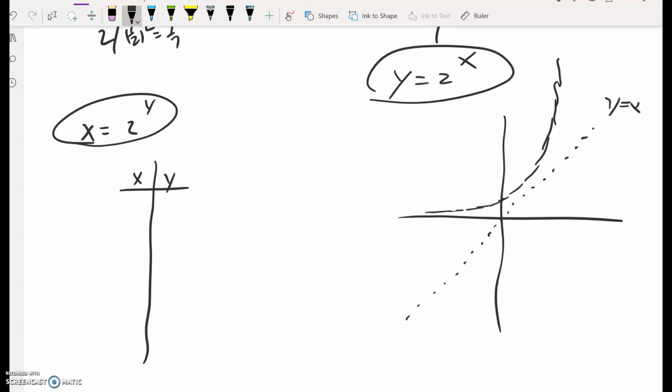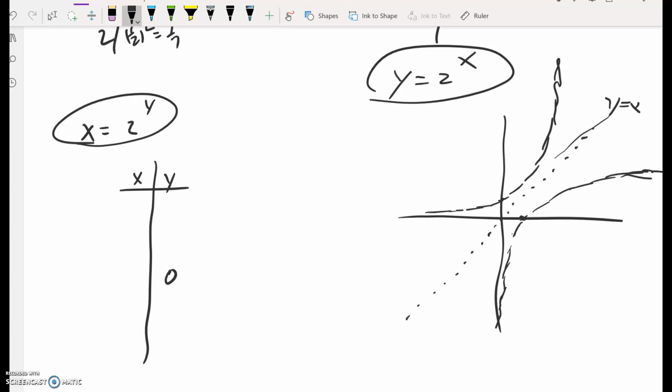then what ought to happen here is that we ought to go through this point, 1, 0, and we ought to come down here, get closer and closer to this axis, and then this one ought to shoot off like this. In other words, there ought to be symmetry between this and this around the line y equals x. So let's put in some points and find out if that's true.